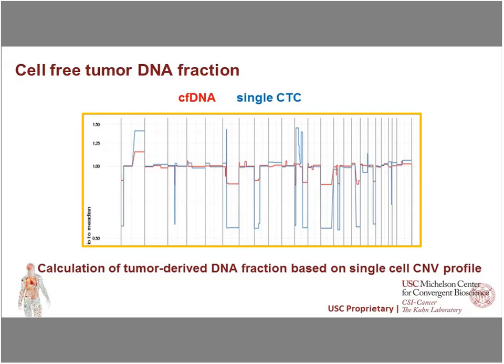For the cell-free DNAs, as we mentioned earlier, since all aberrations on the single-cell level are stepwise, it provides an opportunity for us to calculate the tumor-derived DNA fraction in cfDNA based on the amplitude of amplifications and deletions of the CNV profile.